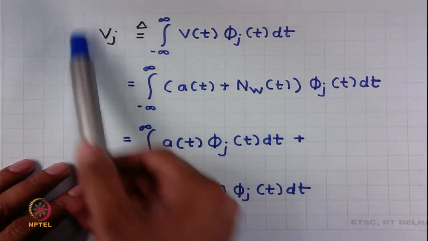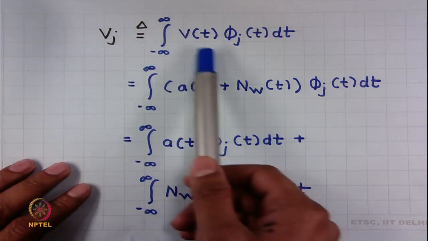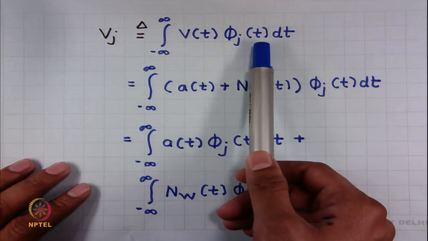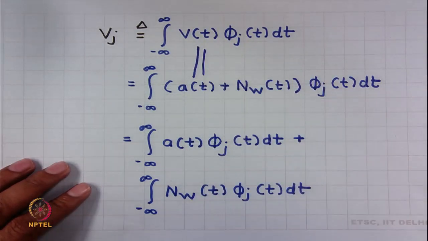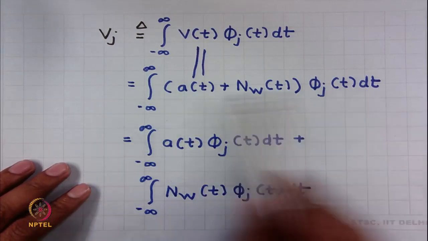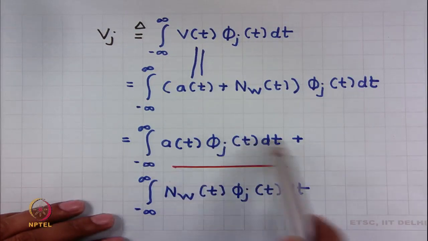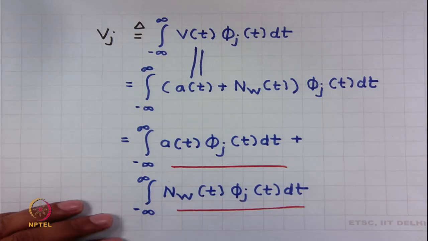So one random variable V_j is simply obtained by projection of this random process along one orthonormal function, and I know what this V(t) is. V(t) is nothing but a(t) plus this Gaussian noise, and I can break this down into two components: the projection of a(t), plus the projection of white Gaussian noise on these orthonormal functions.